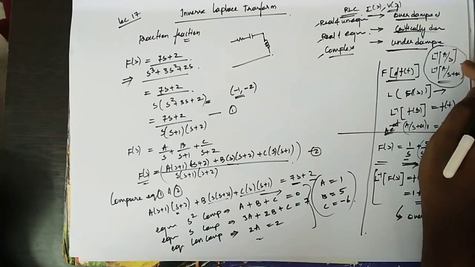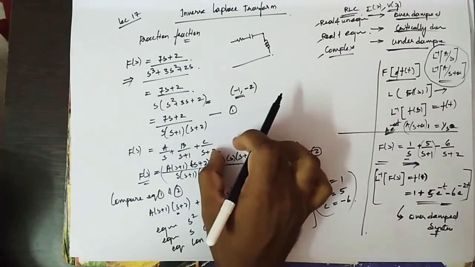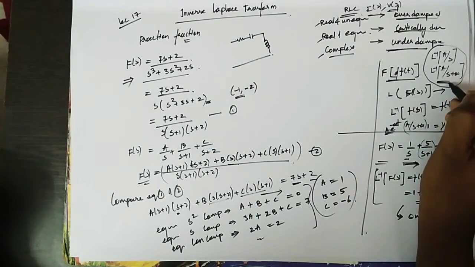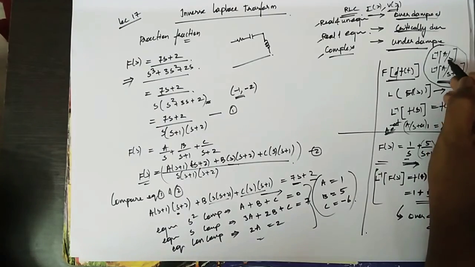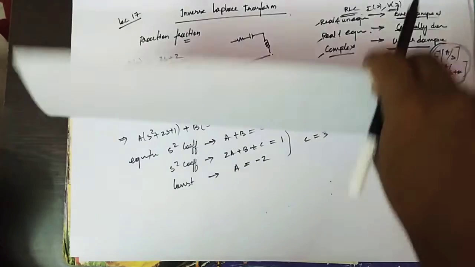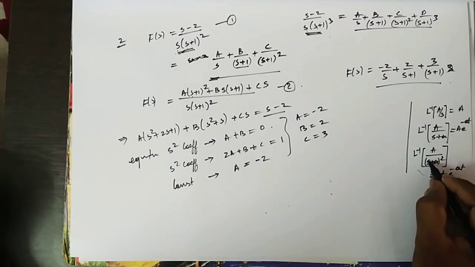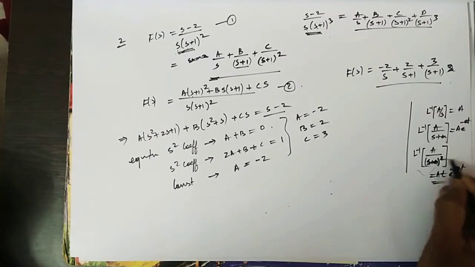So finally you will obtain it in this form. By partial fractions you get it in this form, and you need to know the inverse Laplace of this. Similarly for first order also. Now for this one, you need the extra inverse Laplace of this form.